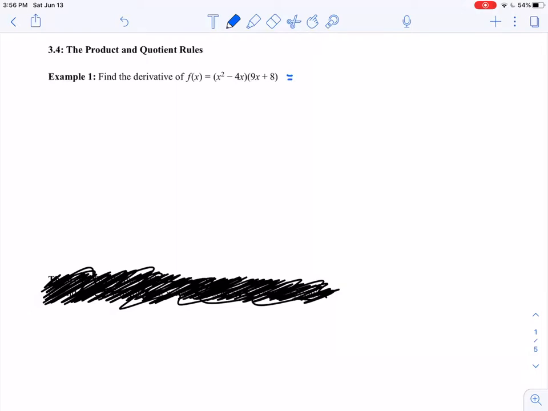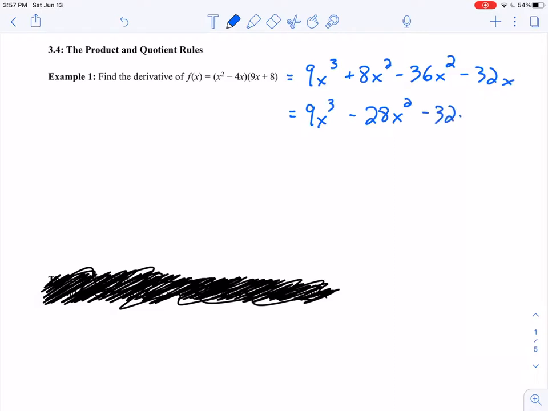So when I multiply these together, I'll have 9x to the third power plus 8x squared minus 36x squared, and then minus 32x. Whoops, I don't know why that changed to a 0. Let me fix that. And then if I combine my like terms here, I'll have 9x cubed minus 28x squared minus 32x.